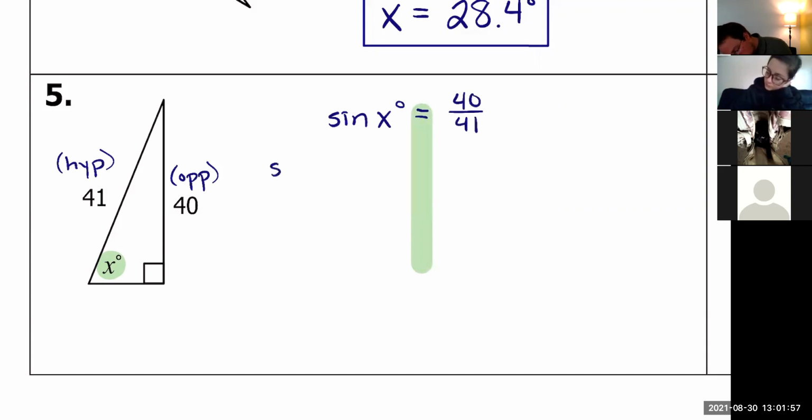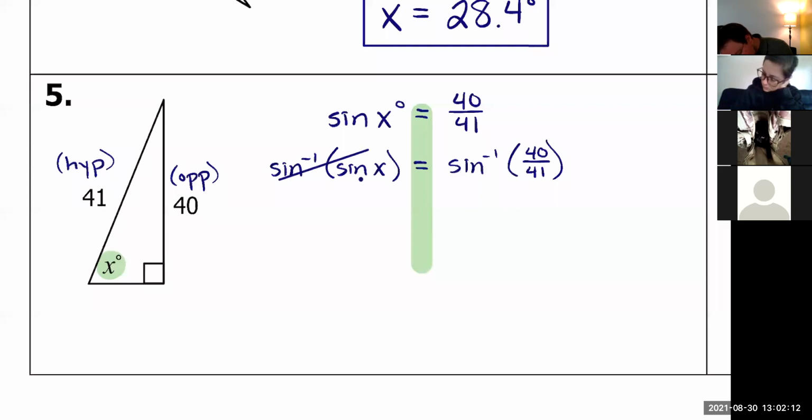And do the inverse sine of both sides. That knocks it out on the left-hand side, leaving me with just x equals the inverse sine of 40 over 41.